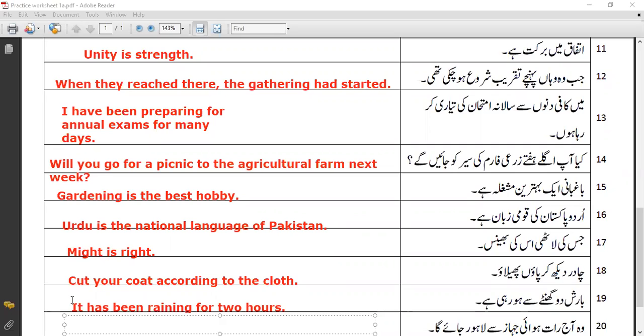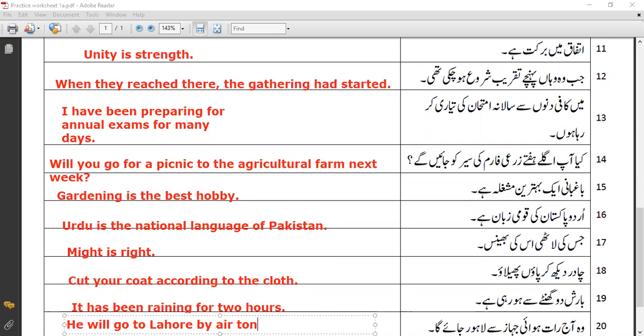Okay, so how would you translate it? Simple future is a very simple sentence, as the name also says. So he will go to Lahore by air tonight.